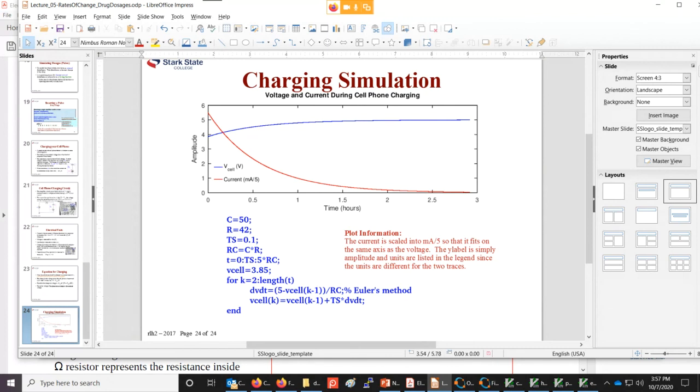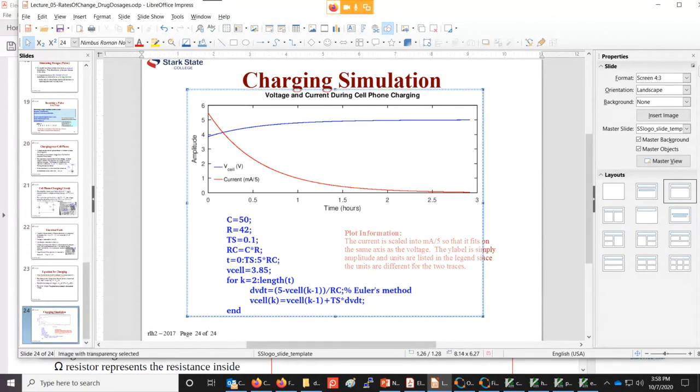So remember I said RC is your time constant, and it takes 5 time constants to basically charge up a capacitor that's completely discharged. All right, so our initial voltage on the cell is here at 3.8, so it's just below 4. And then in our for loop, we're going to evaluate dV/dt, and then we're going to integrate, adding to it.